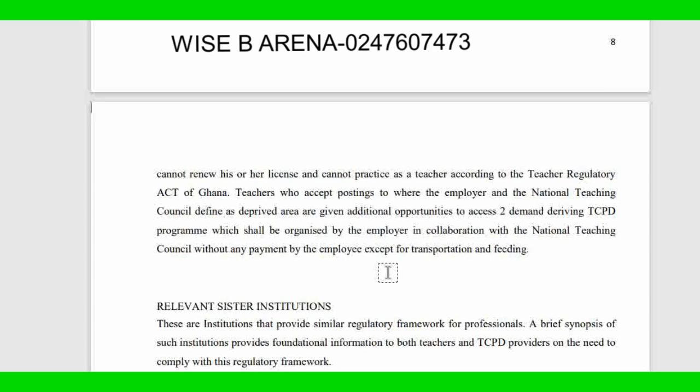Therefore, the employer, which is GES, in collaboration with NTC, has to organize two CPD programs for teachers in those districts, and the teachers are not to pay. So what we need to do is to put our employer on their toes. We have to inform them of this for them to organize two workshops for us so that we're able to accrue points from that.